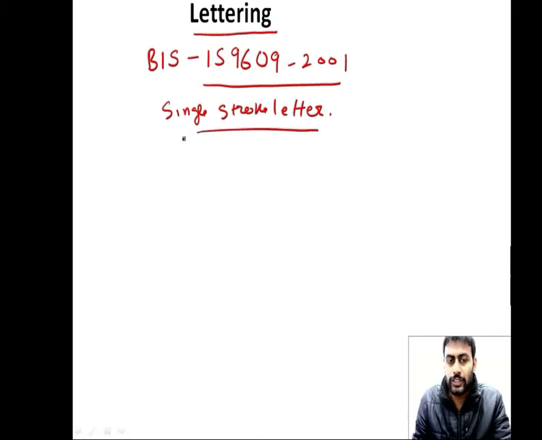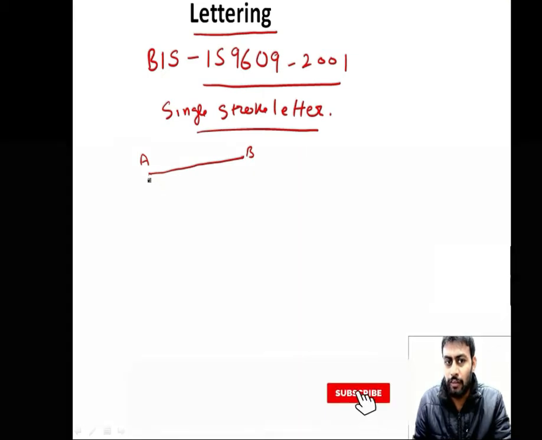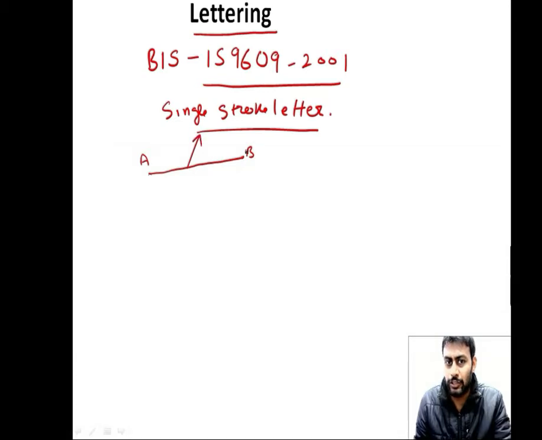Some students have some confusion that a single stroke letter means, for example, when we start a line from point A, with the help of a pencil, I am drawing this line up to point B, without lifting the pen or pencil, when you draw a line from A to B, it is termed a single stroke letter. Students, this is a very wrong interpretation. Do not read the meaning of single stroke letter this way.